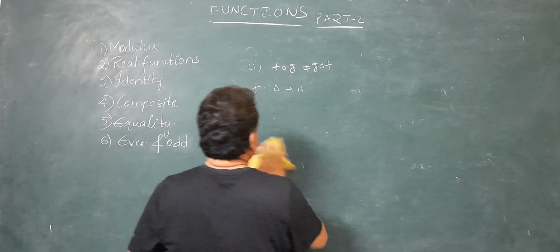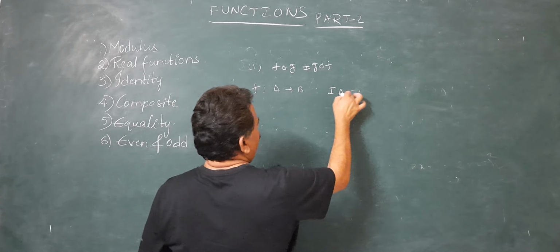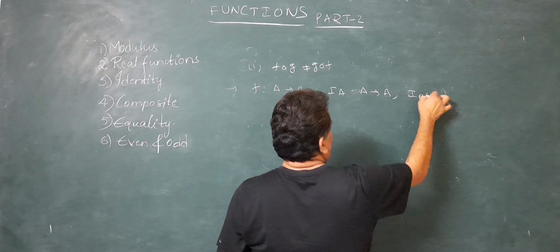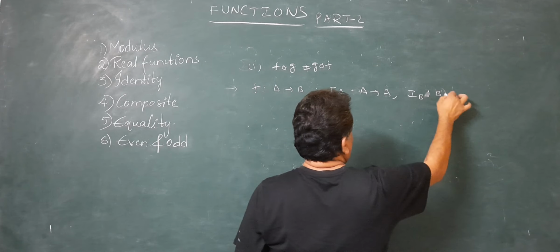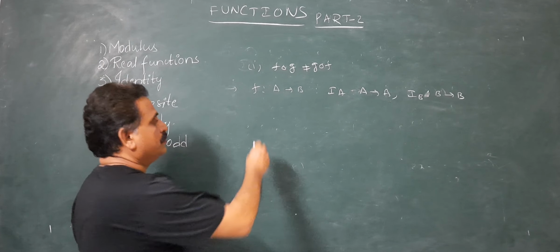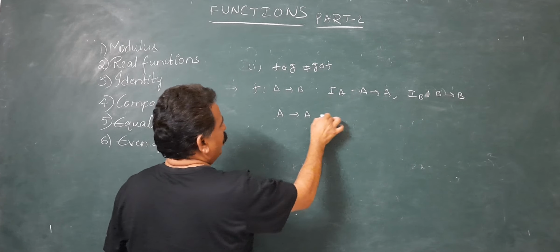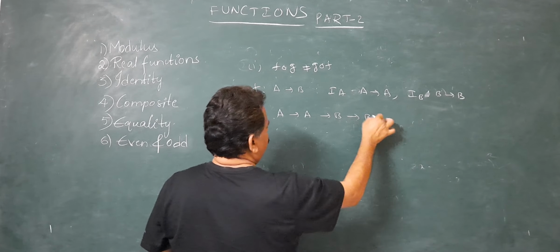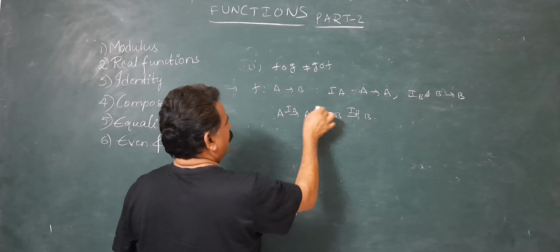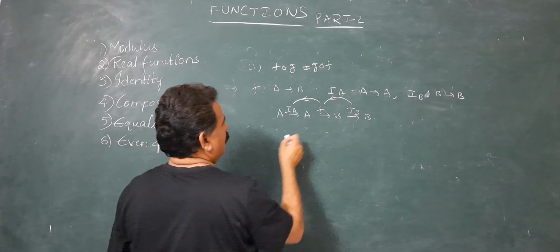Next point, another property. F mapping from A to B, and IA mapping from A to A, IB mapping from B to B. Then the relation between them: it is f, it is IB, it is IA. Now, f circle IA and IB circle f.